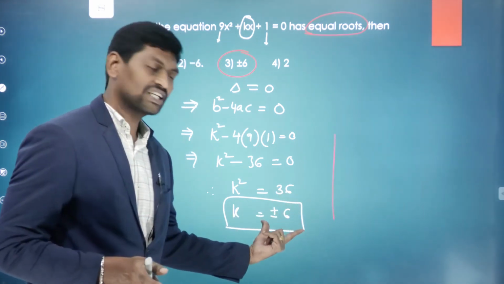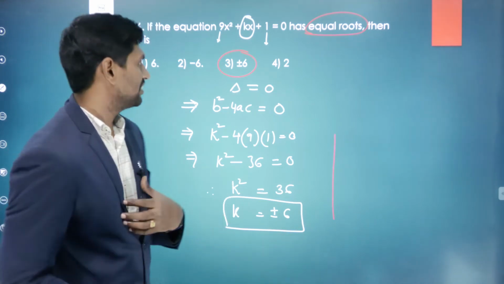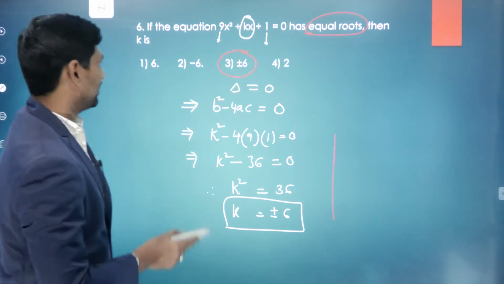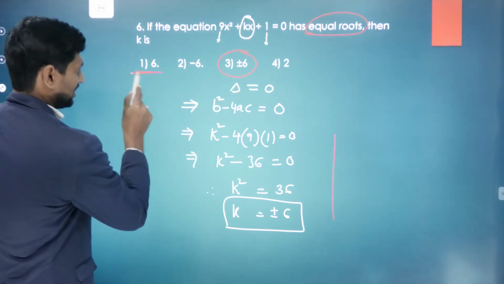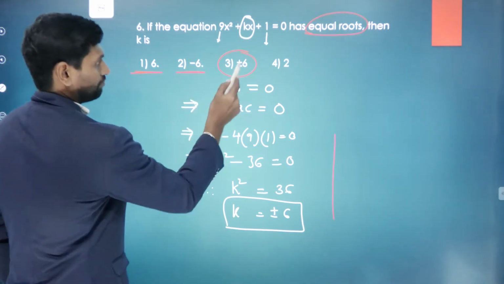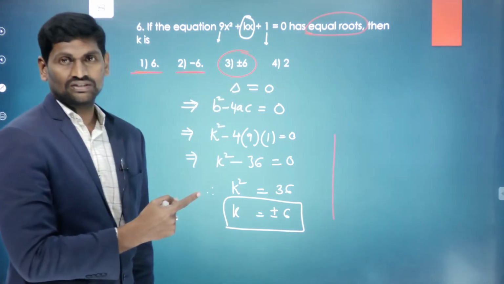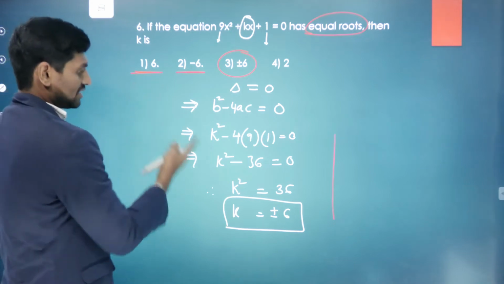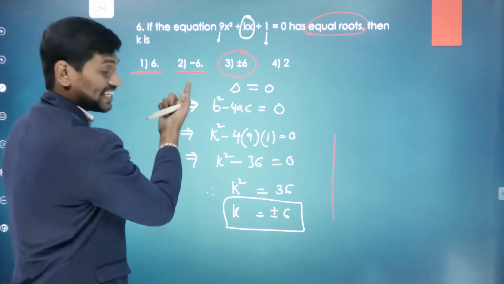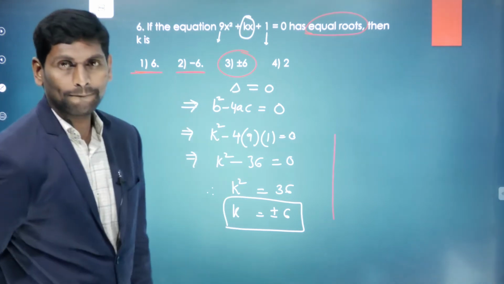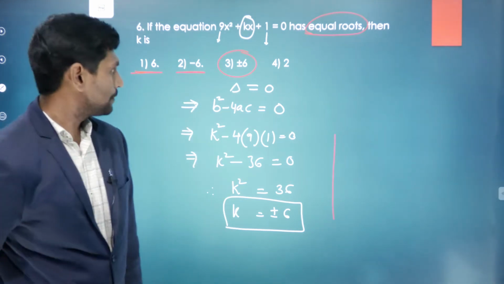So that's why we are taking plus or minus 6. According to this problem, your answer will be plus or minus 6. 6 is the answer, minus 6 is the answer. All options we have to check. If you directly take plus 6, your answer will be wrong, because minus 6 also has the chance. So the both combination is the third option.